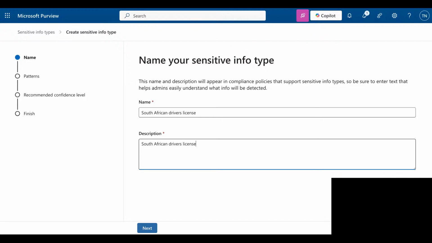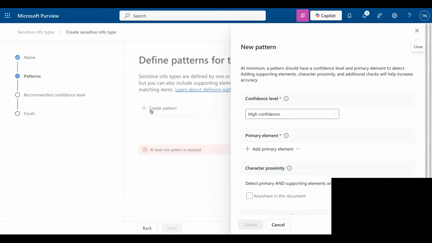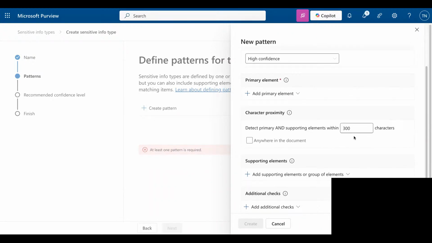I want to monitor all the driver's licenses which are being processed and that are being shared by the employees. Let's see, I want to see what they send outside, or I want to monitor it. I'll create something like this. Then I'll click create pattern, then I'll add.